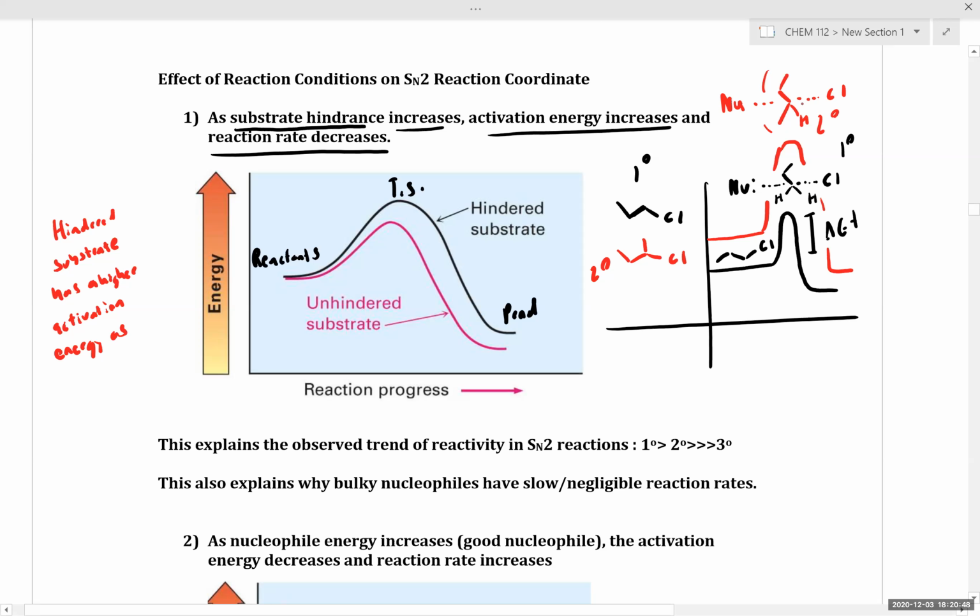Looking at the secondary substrate, we have this additional methyl group that increases the amount of steric interactions and destabilizing repulsive interactions in this transition state. As a result, the transition state for the more substituted substrate is higher in energy. So the hindered substrate has a higher activation energy as the transition state is destabilized by steric interactions.